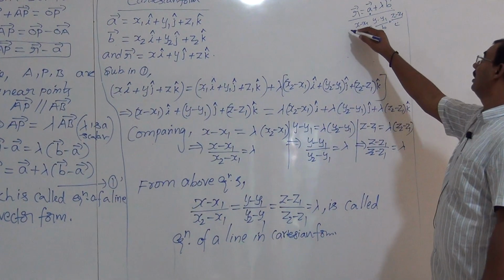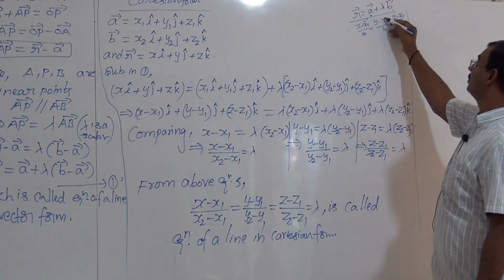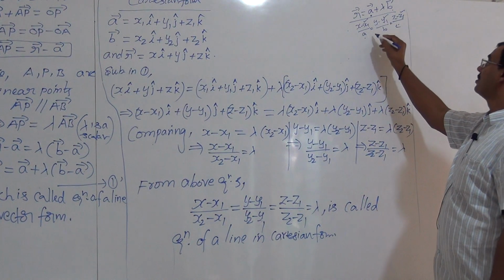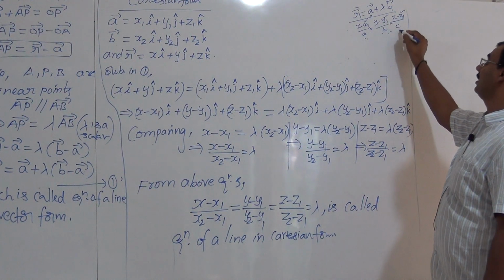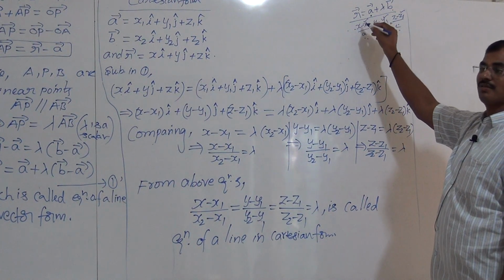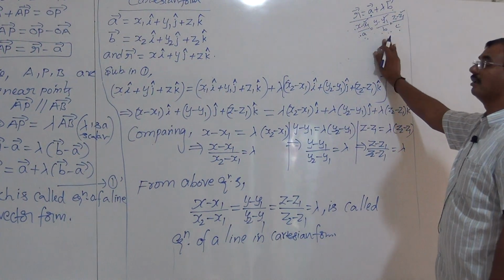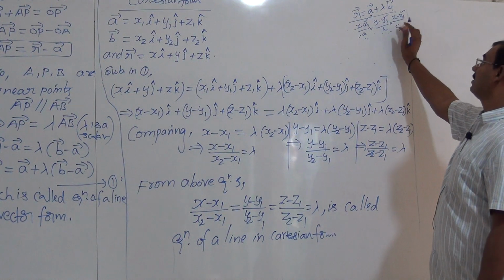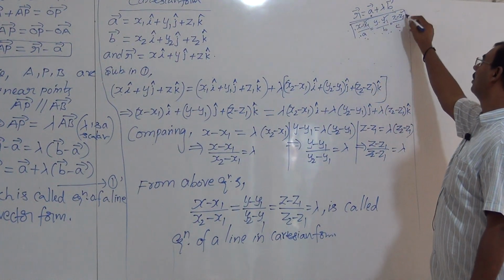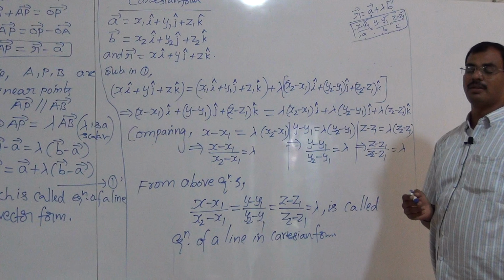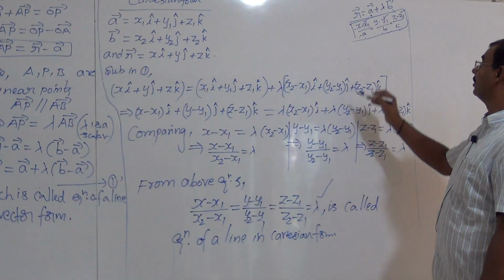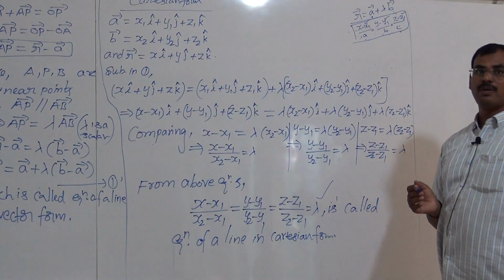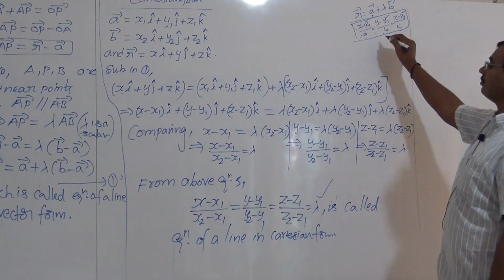This is called the equation of a line passing through the point x1, y1, z1 and whose DRs are a, b, c. a, b, c are called direction ratios. x1, y1, z1 is a point. This is a standard form. All of you remember the standard forms. This is also a standard form. Using these standard forms, we are solving the exercise problems and example problems.